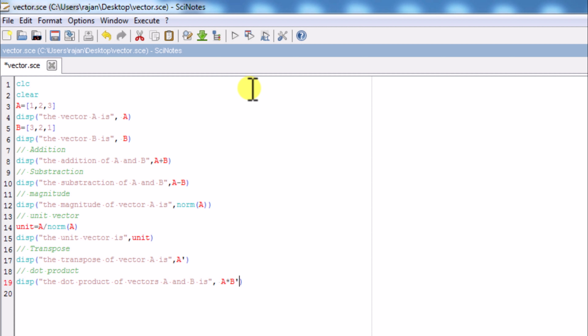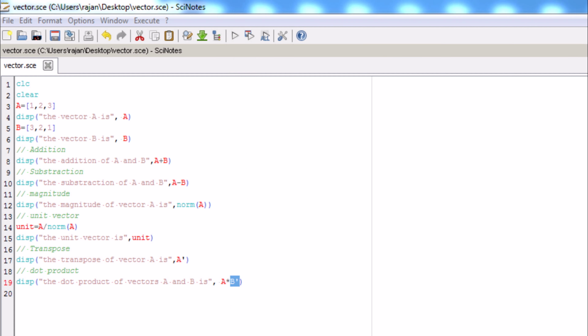By taking the matrix product, you can assume A is a row matrix, one row, and B is a column matrix which has only one column, and A star B prime will calculate the vector dot product. So what we have done is, in Scilab, we represent the vectors in terms of row matrix. Okay, so let us see the output.